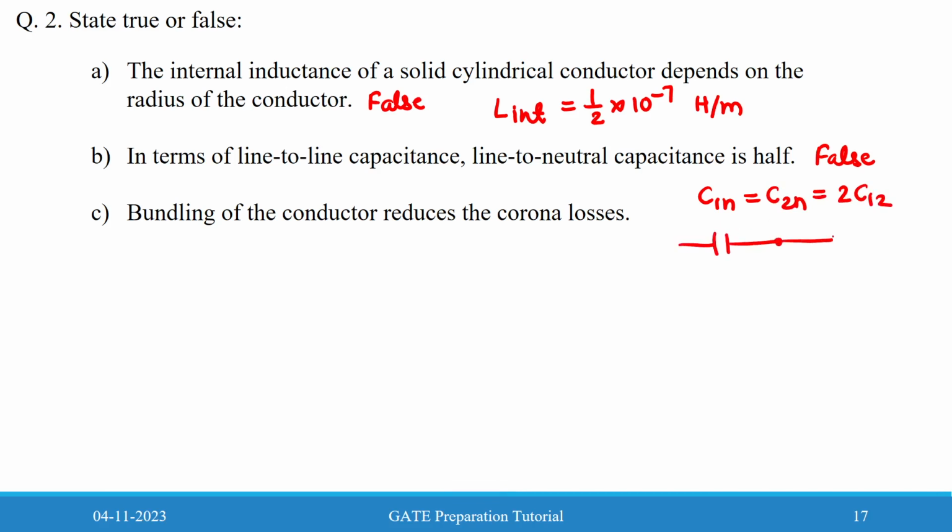So we have found the capacitance between two points, two conductors of a single phase wire. So 1, 2, and this is the neutral point. We have one point where the electric field is zero, where the potential is also zero.